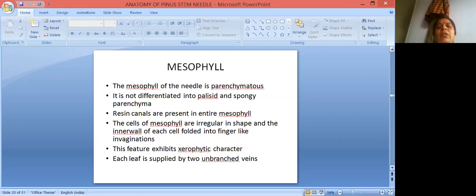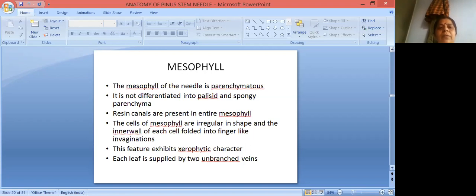But that is a dicotyledon character. In monocots also we cannot find any differentiation into palisade and spongy, so pinus shows a similar character to monocots.